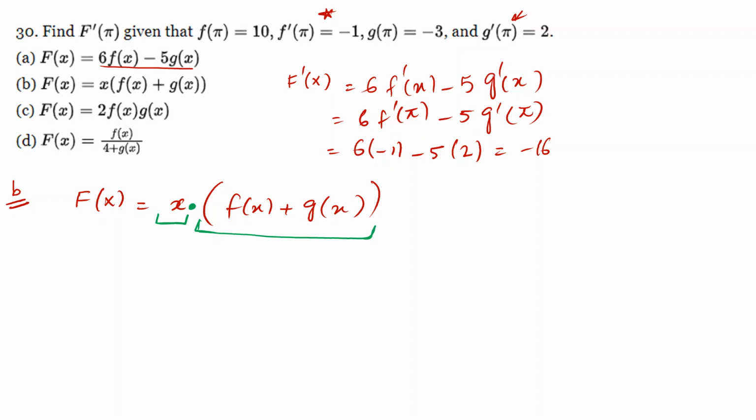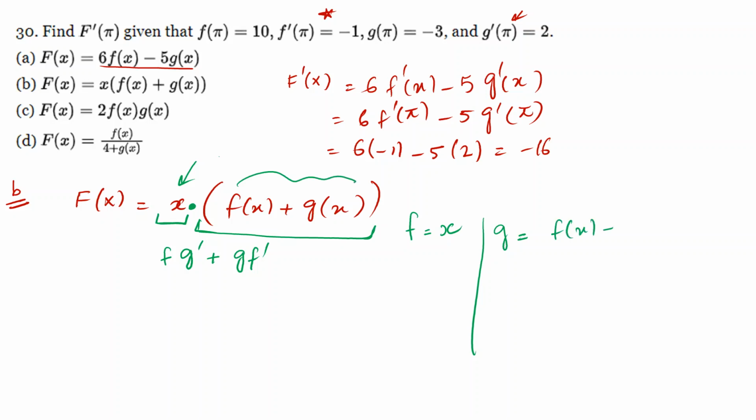Whenever two functions multiply with each other, we take the product rule: fg prime plus gf prime. Just for ease, I am writing here what my f is. F is my first function, that is x. What is my g? G is my second function, that is f of x plus g of x.